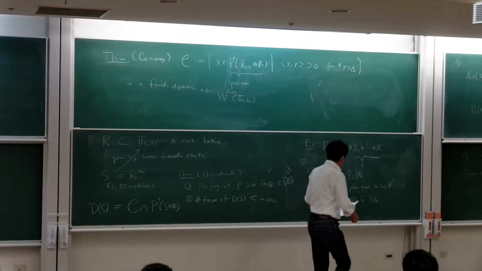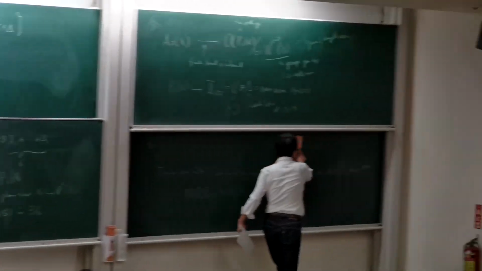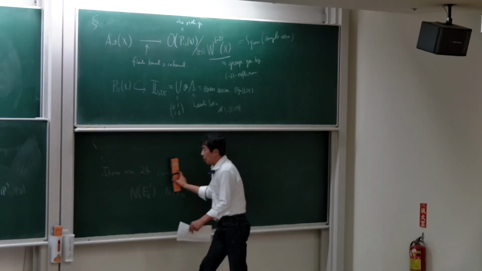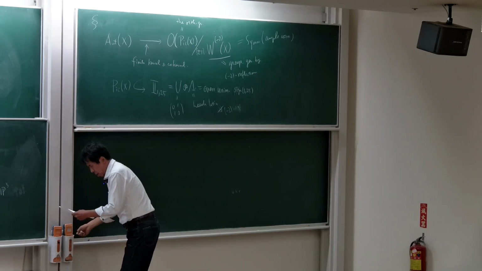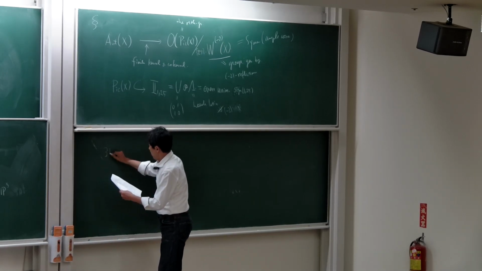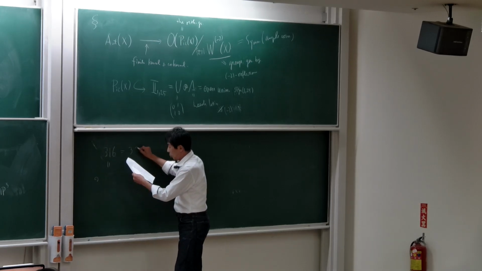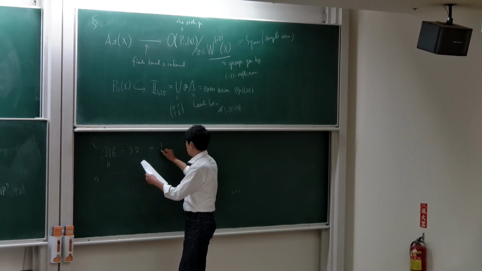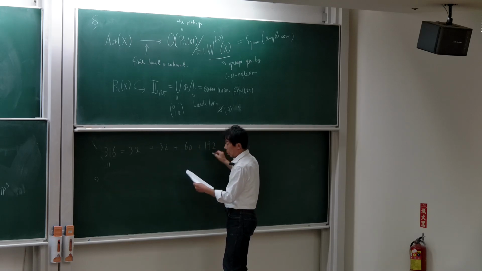And this 316 is divided into 32, 60 plus 192.